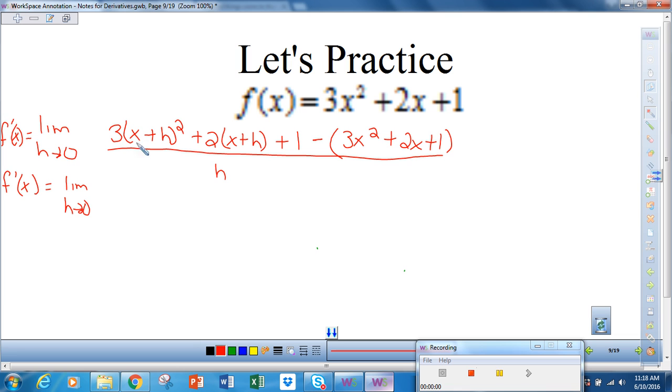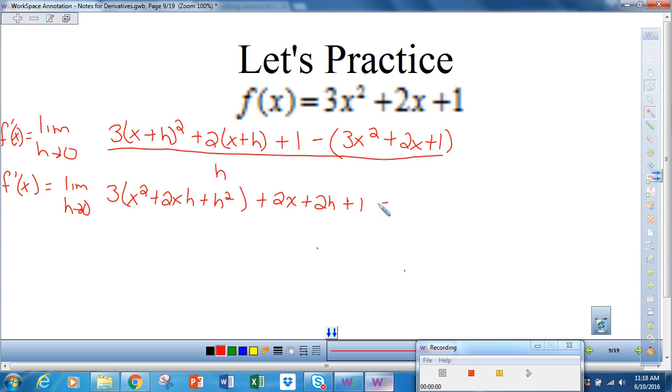Now, I'm just going to multiply this out. So that's 3x squared plus 2xh plus h squared plus 2, if I distribute that, that'll give me x plus 2h plus 1.